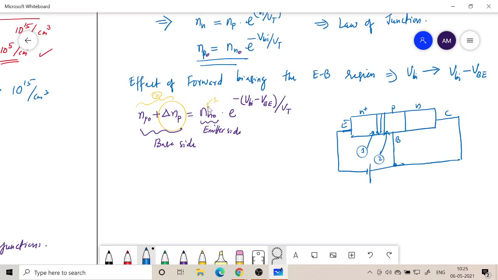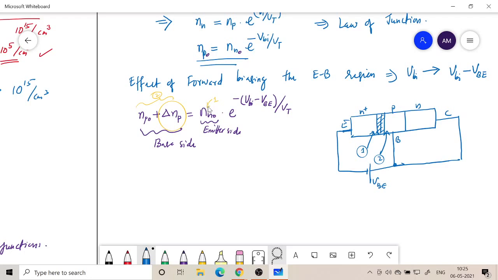That NN0 is the concentration at point 1, which is around 10 raised to 18, and this is the depletion region. Because of the forward bias VBE that is applied, it is going to oppose the built-in voltage which was there. All the voltage which we are applying is mostly coming across the junction, because that is where the barrier is, and the N plus and P regions are quite conductive, and therefore the voltage drop in them is very negligible to the first order.